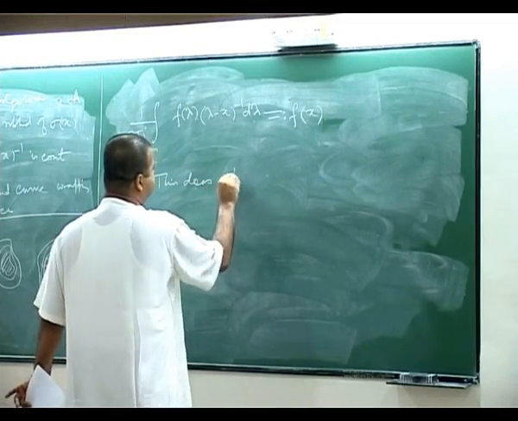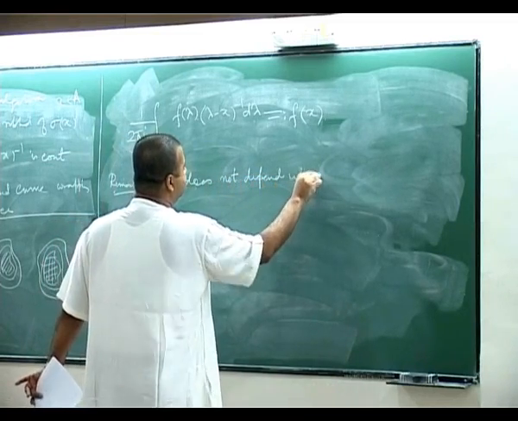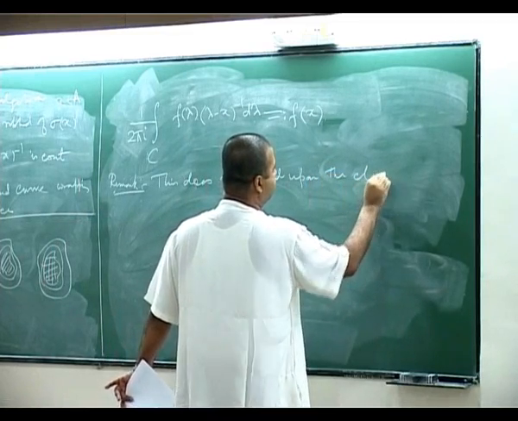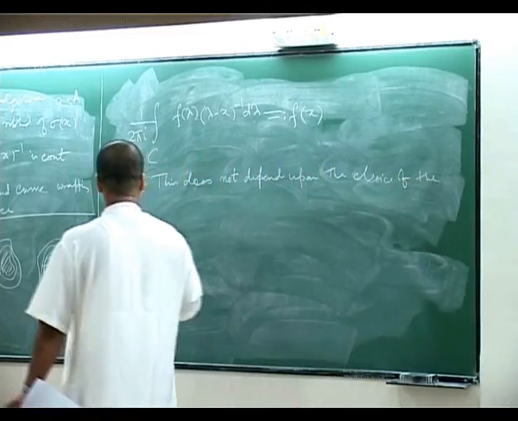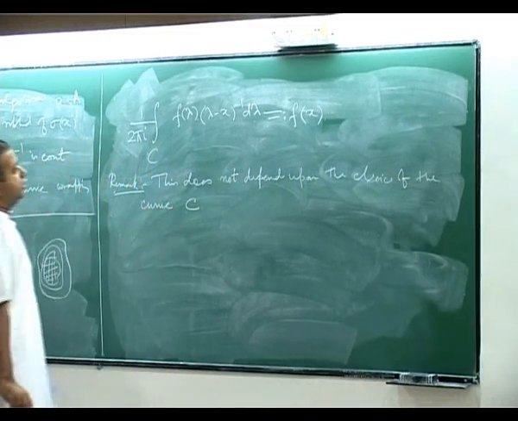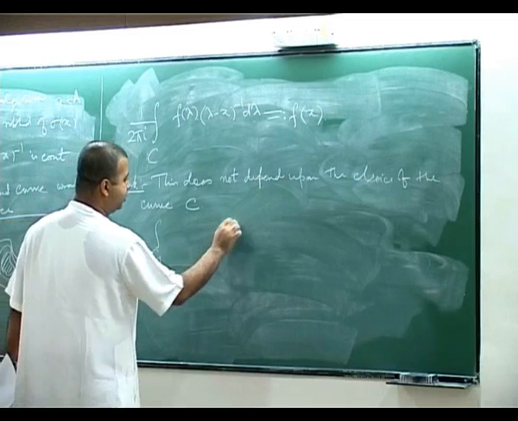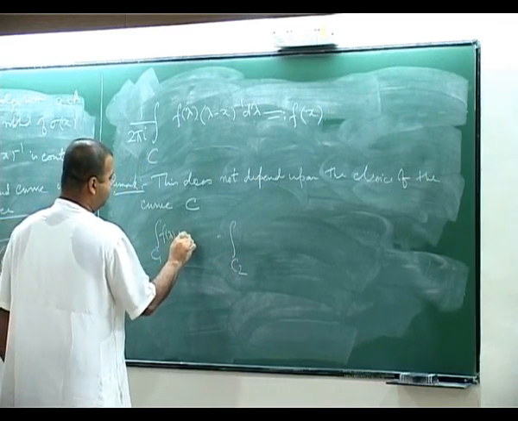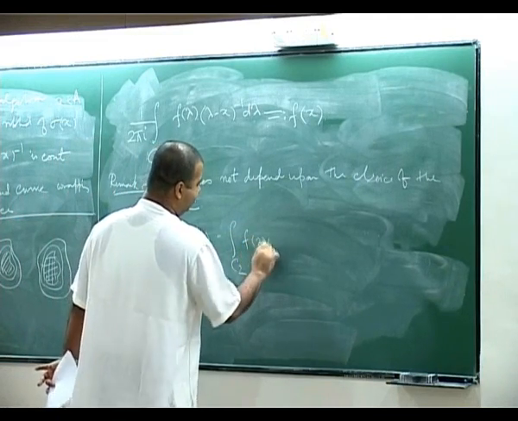This does not depend upon the choice of the curve C. That means we need to prove that if we are given two curves C1 and C2, then these two quantities are the same.